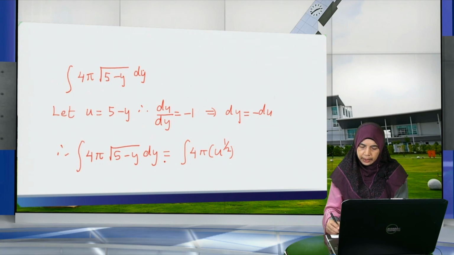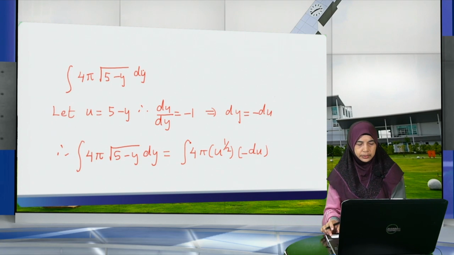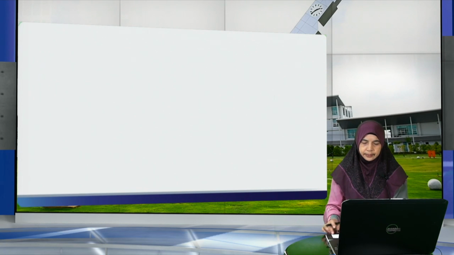Now dy, we change it to minus du, but minus here is just a constant, and 4 pi is also a constant. We can pull it outside the integration. Let's continue that on the other slide.